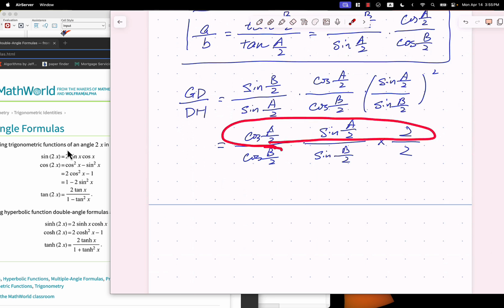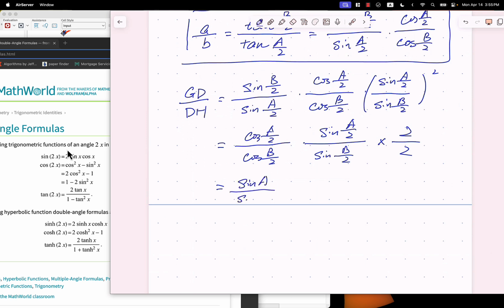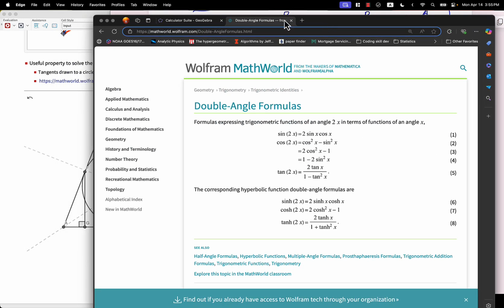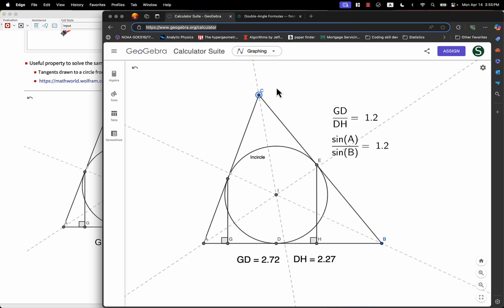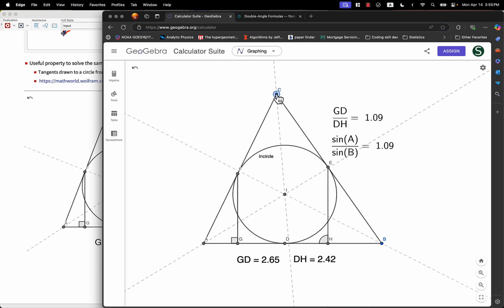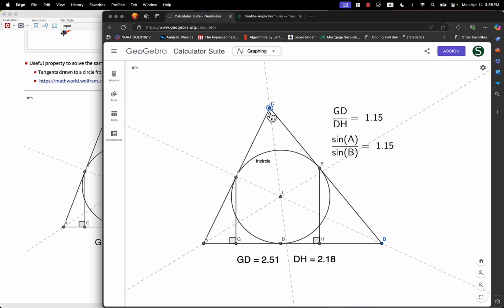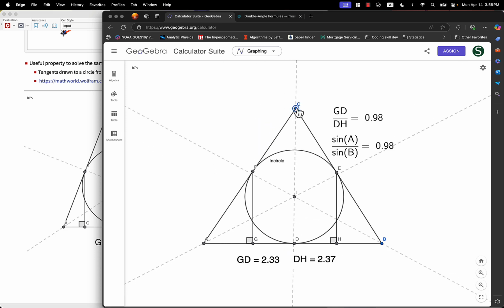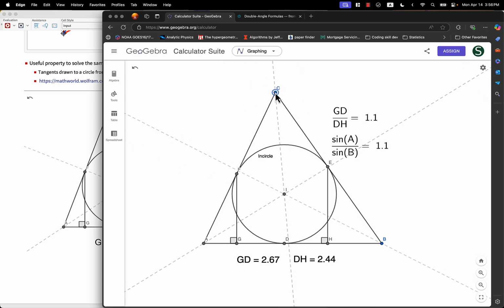This and this give sine A over sine B. Ta-da! And let's go back to the simulation. We have GD over DH equal to sine A over sine B. All right, that's it.